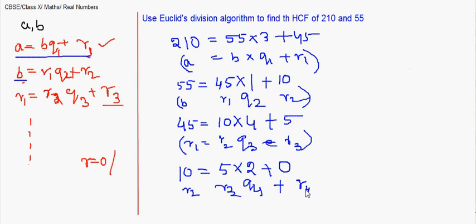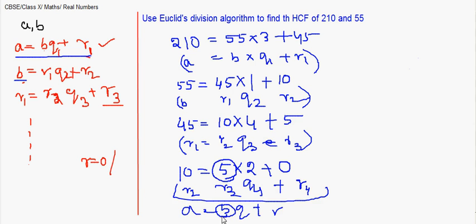The point at which the remainder is 0, we see this as B, because this is again expressed in terms of A equals BQ plus R. So what is B here? The 5 stands for B. So the HCF of these two given numbers can be taken as 5. This can be one application.